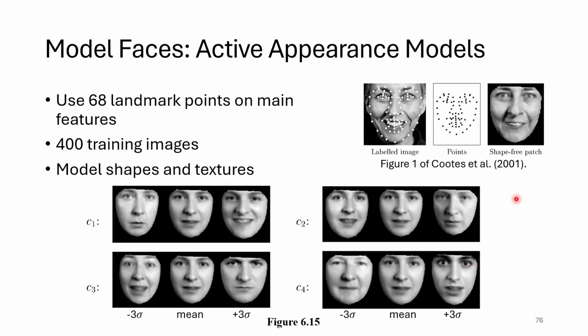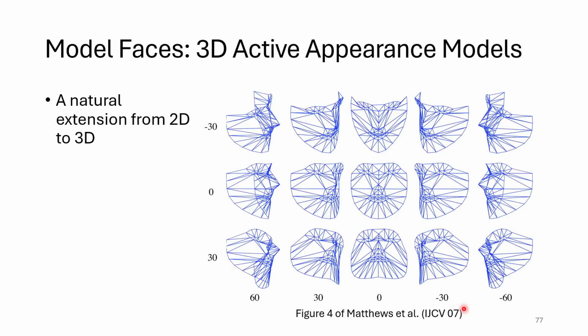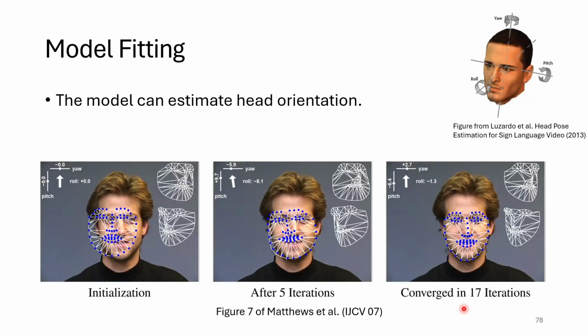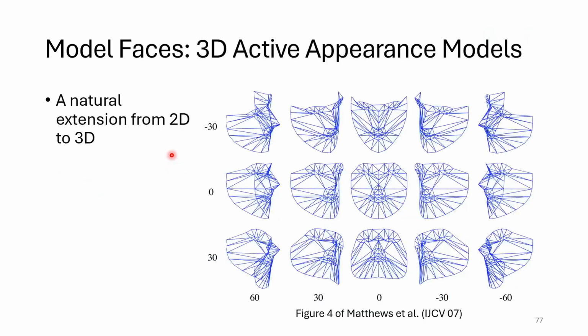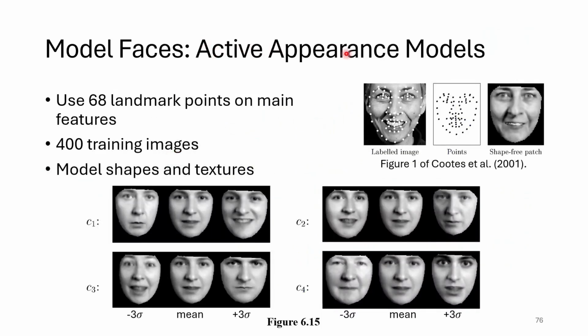So as you can see, this is the paper. The method was published in 2001, and this is 2007. 6 years later, they try to deal with the more challenging problem. In their paper, they propose the 3D AAM model.